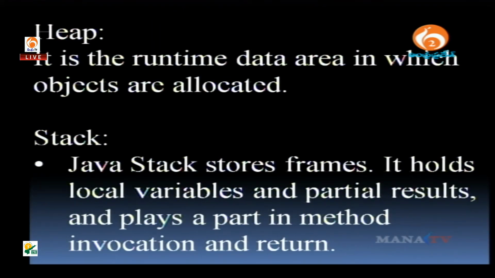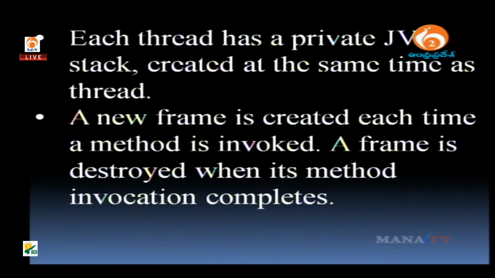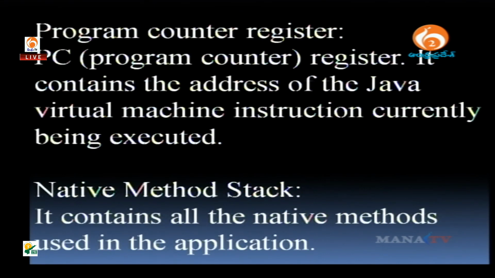You can see here, heap is a runtime data area in which objects are allocated. Java stack stores frames, it holds local variables and partial results, and it plays a part in method invocation. What is the program PC register? It contains the address of the Java virtual machine instruction currently being executed.